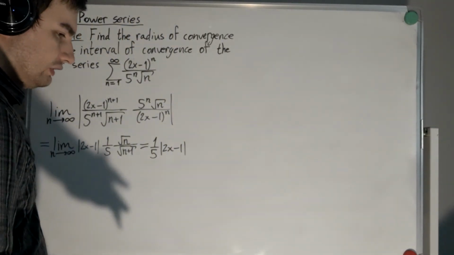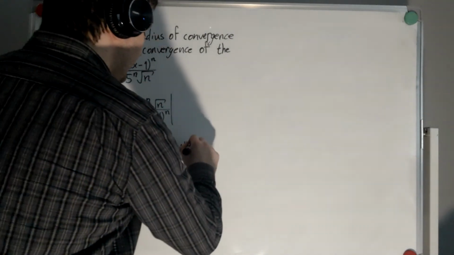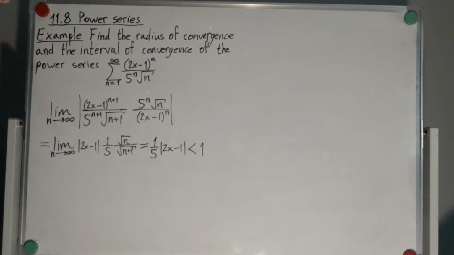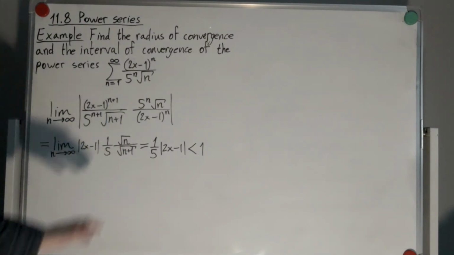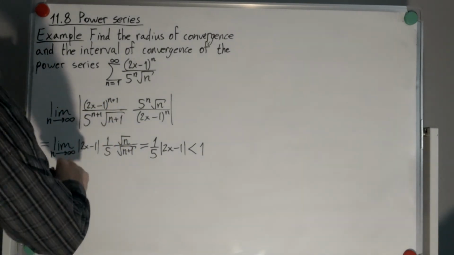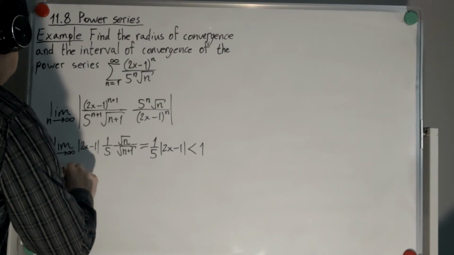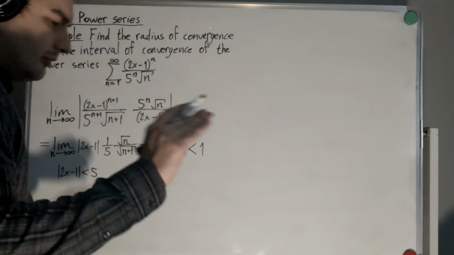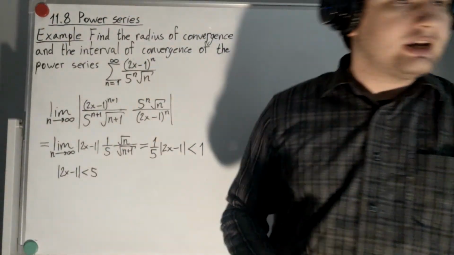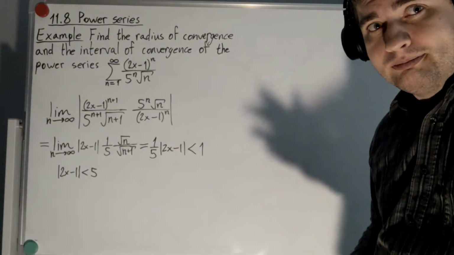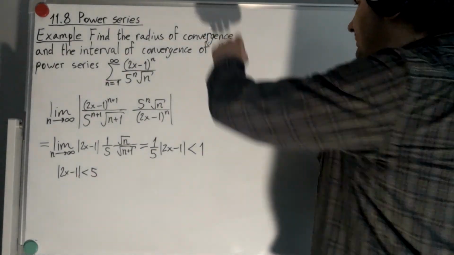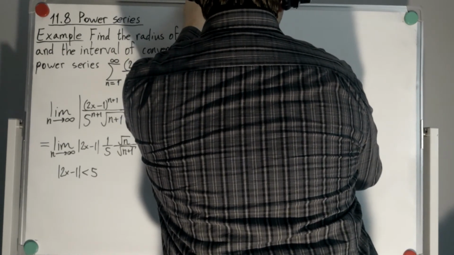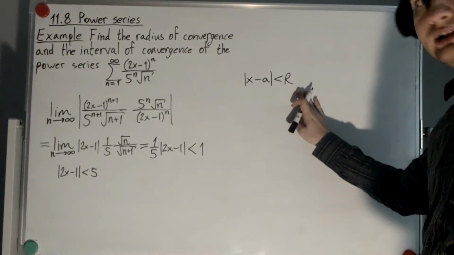And the ratio test guarantees us convergence only if this is less than 1. Okay, now this is the same thing as saying that the absolute value of 2x minus 1 is less than 5. Now you might be thinking that that means the radius of convergence is 5, but it's not, okay? Because the radius of convergence, remember, we always need to have an inequality that looks something like this.